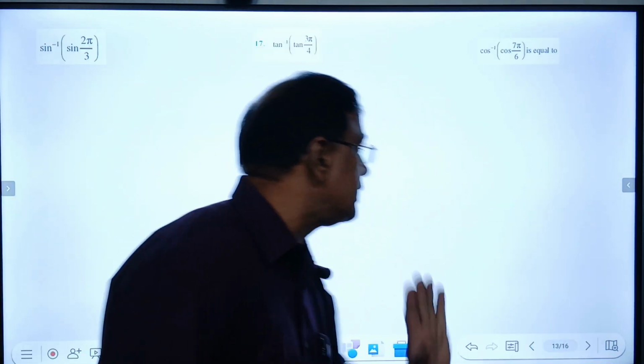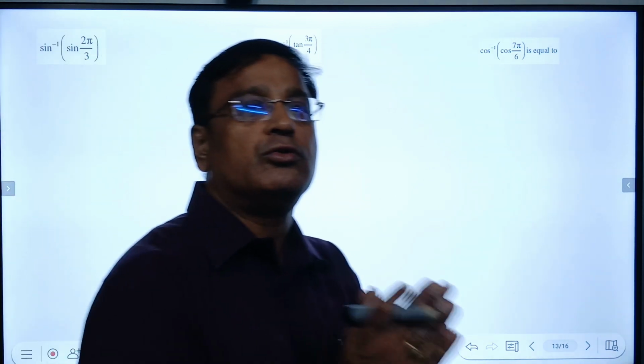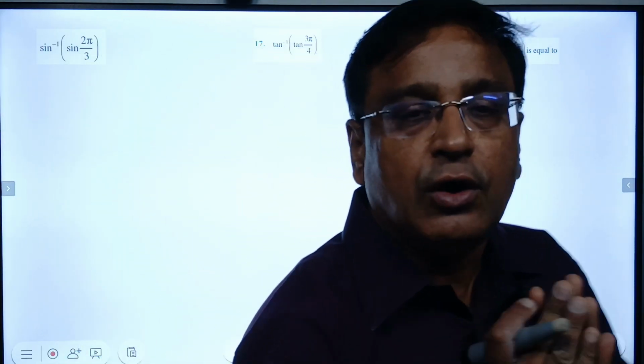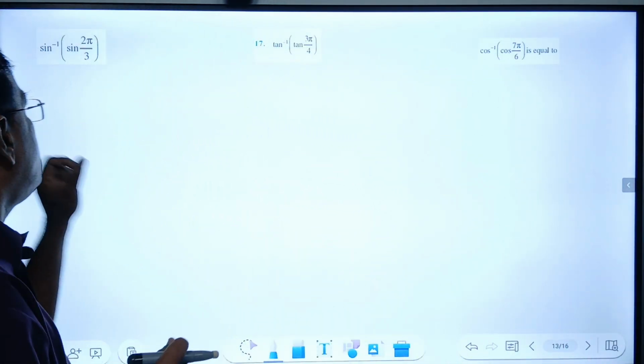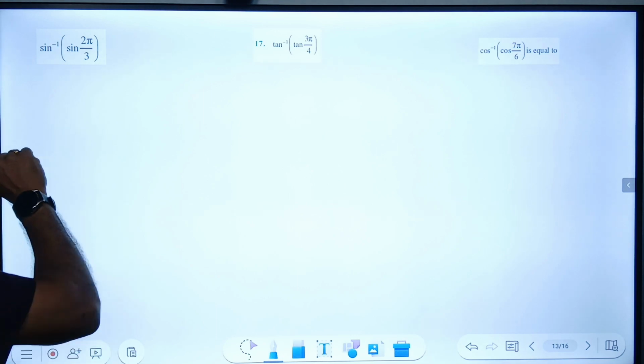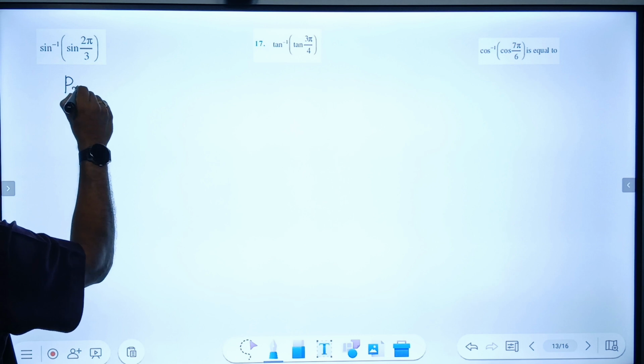It's a 1 mark question again. And these are very, very important questions where students definitely make a lot of mistakes. It's again a 1 mark question. You have to be very, very careful about this. Now, before I do this problem, at every stage I will tell you what the principal range is.